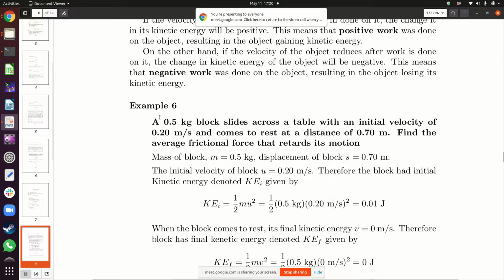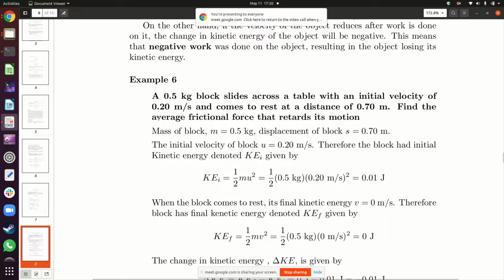Okay. Next, we have an example. Example 6. A 0.5 kg block slides across a table with an initial velocity of 0.2 meters per second and comes to rest at a distance of 0.7 meters.